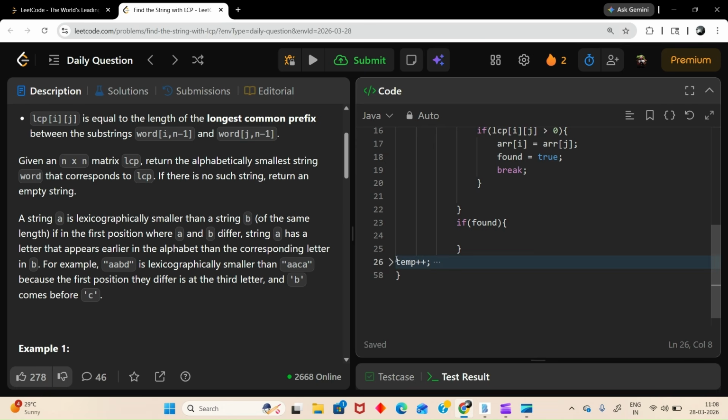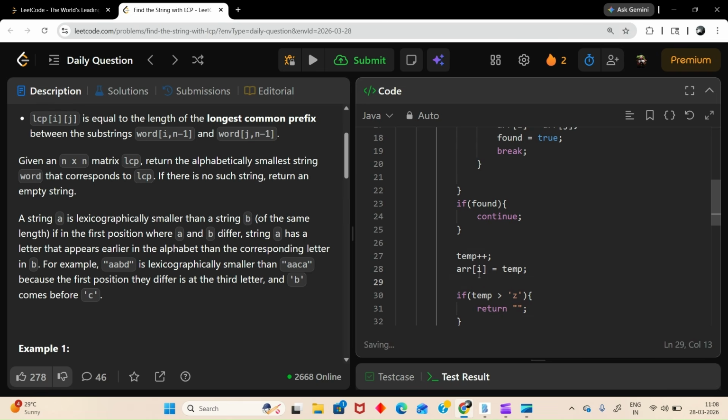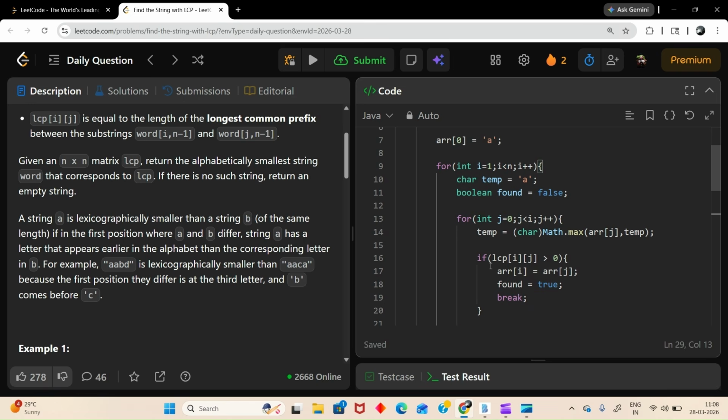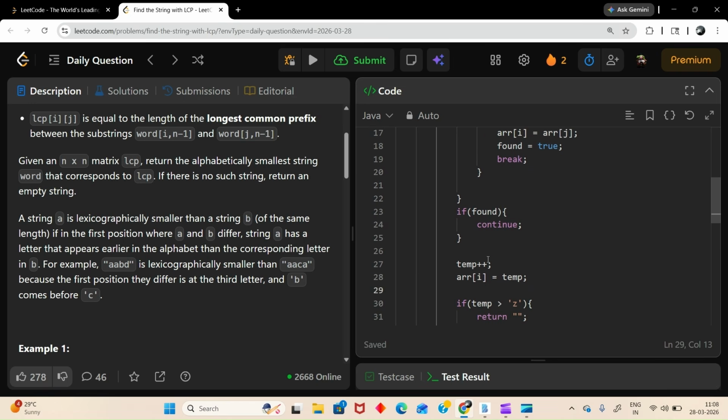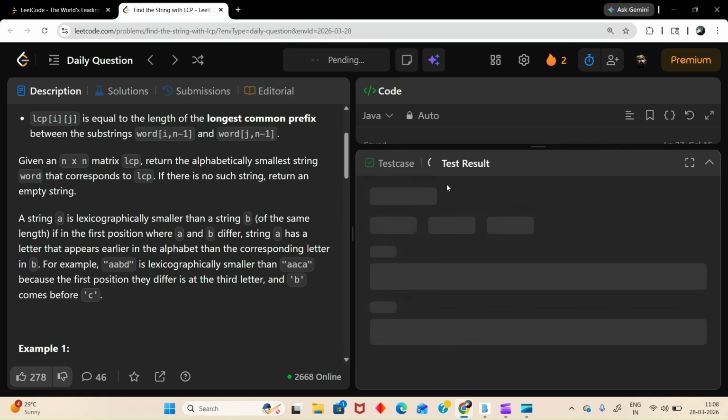If found, we will just continue. We'll not go till here also, but else we will increment the temp and we will assign the temp. So if I do temp plus plus, let's run this. Let's try.